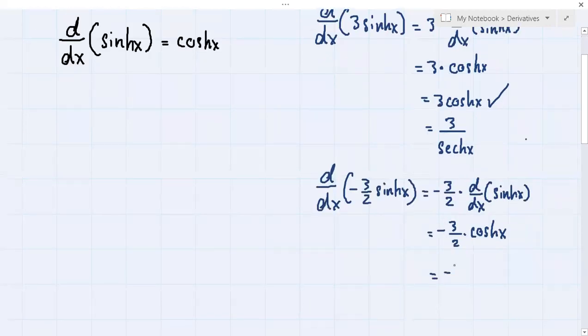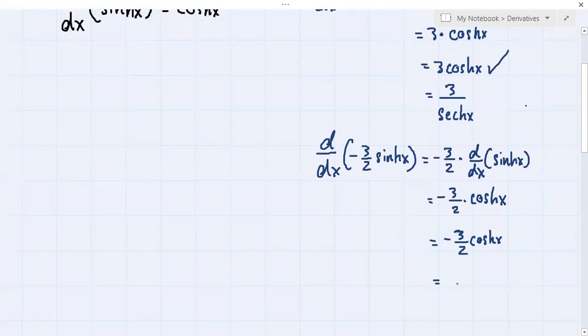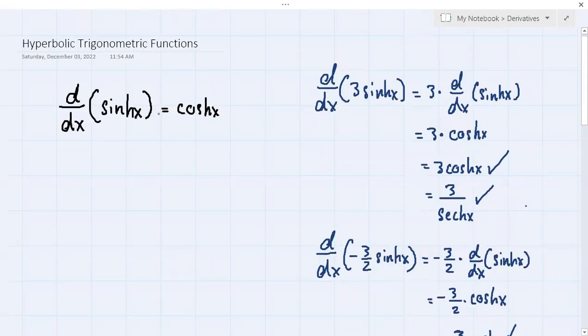So ipag-combine mo lang sila, we will have negative 3 halves of cosine hx. Or pwede mo namang siyang ipagsama si cosine hx kay 3. There's no problem. Or you can just have negative 3 all over 2 times secant hx. So, pwede rin ito. So yeah, that's it. To sum it up, the derivative of sine hx is cosine hx.